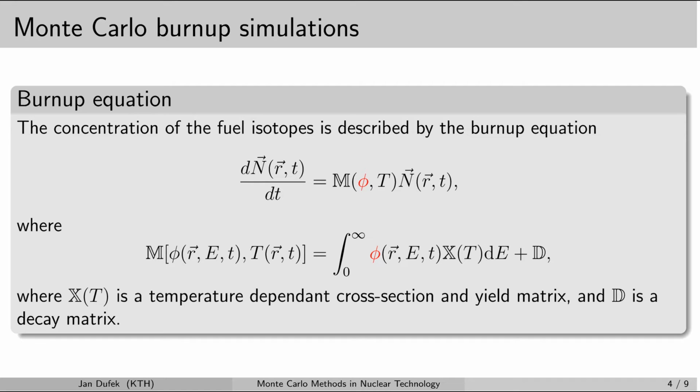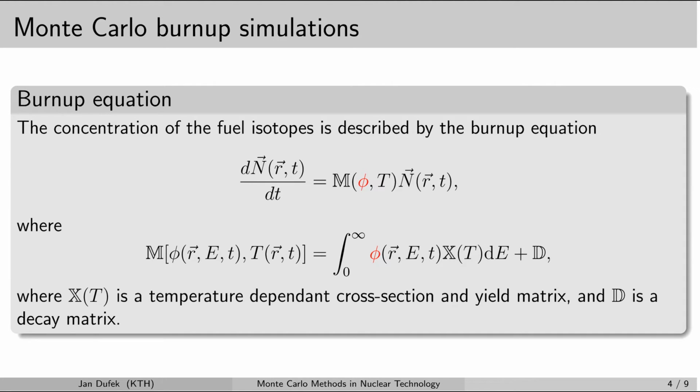The change is given by the product of this matrix M, we can call it transmutation matrix, and the nuclide field vector N. The elements in the matrix represent rates at which specific nuclides are being transmuted into other nuclides.